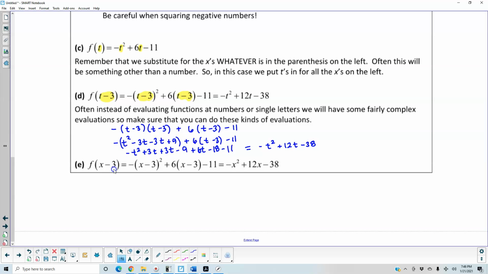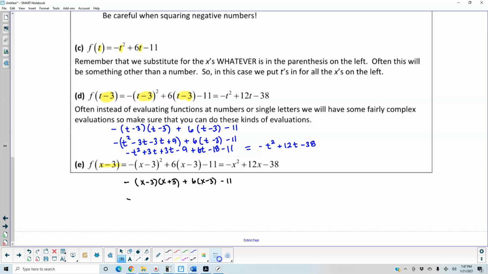Next, in part E, we're going to evaluate the function at x minus 3. So again, doing the same thing here, we have negative (x minus 3) times (x minus 3) plus 6 times (x minus 3) minus 11.